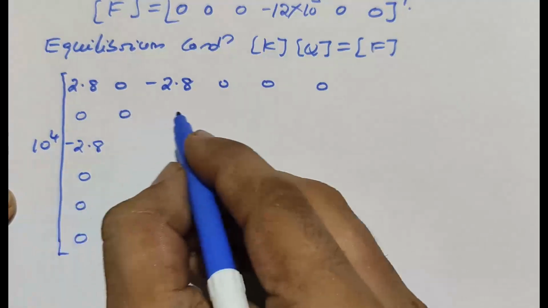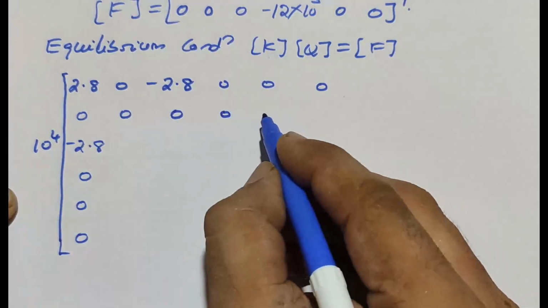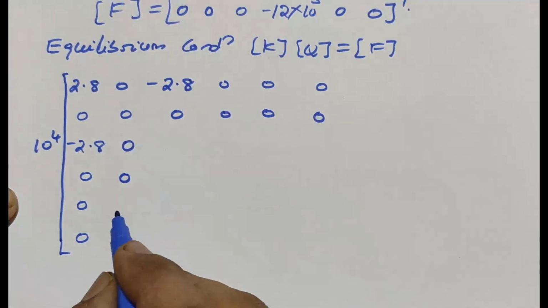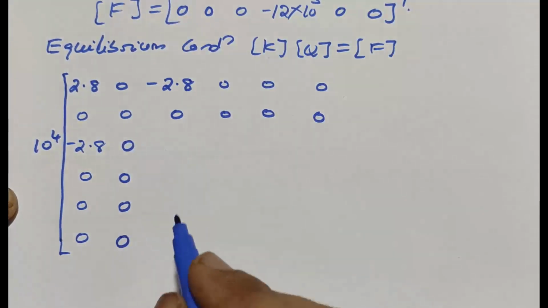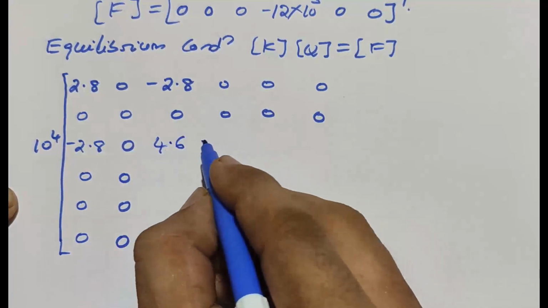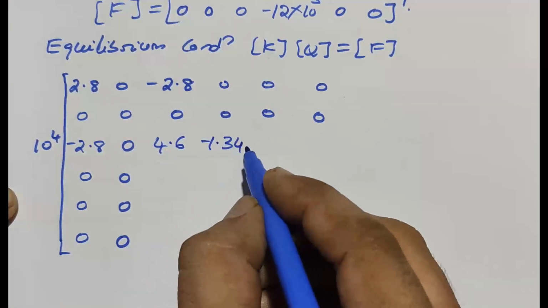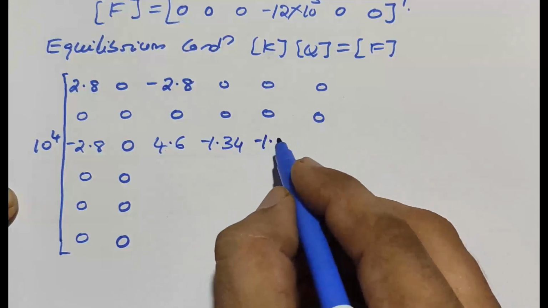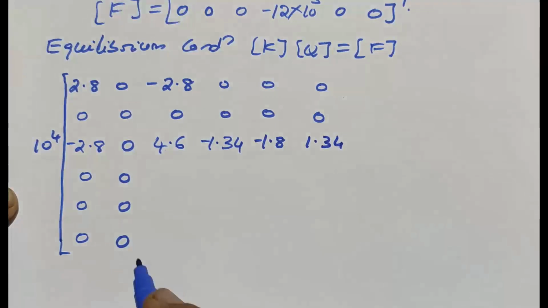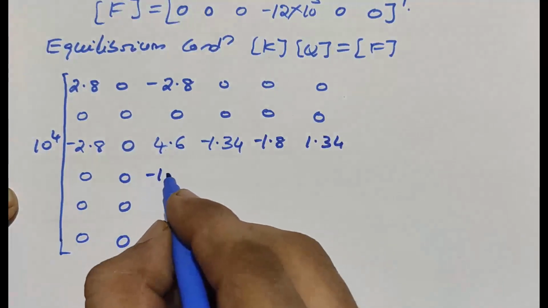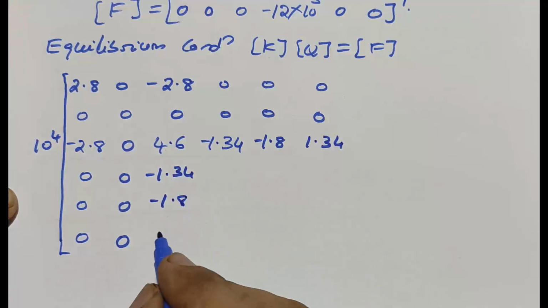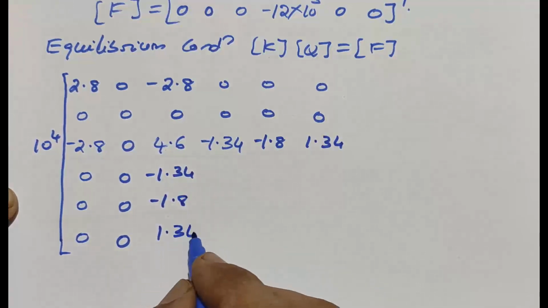Here 0, 0, 0, 0, 0. Here also 0, 0, 0, 0. Next 4.6, minus 1.34, minus 1.8, 1.34. Here it is minus 1.34, minus 1.8, 1.34.